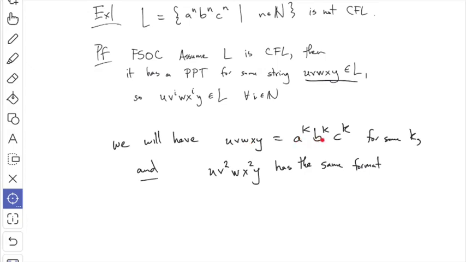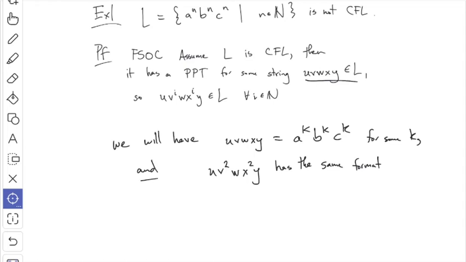Or maybe there's some mixture in there. Anybody have any ideas about this? Maybe this doesn't look impossible.